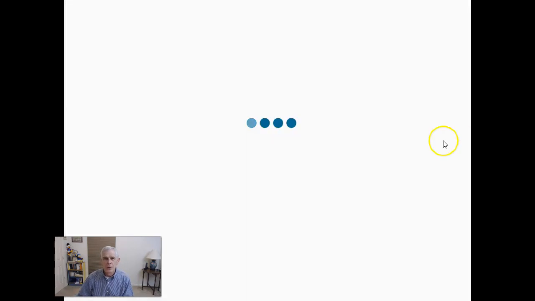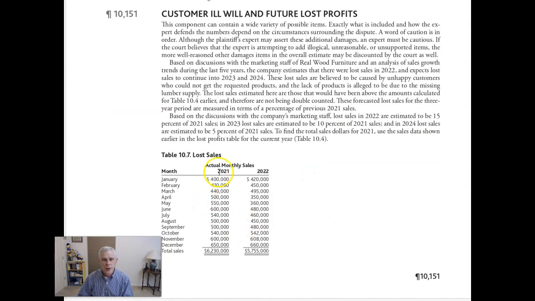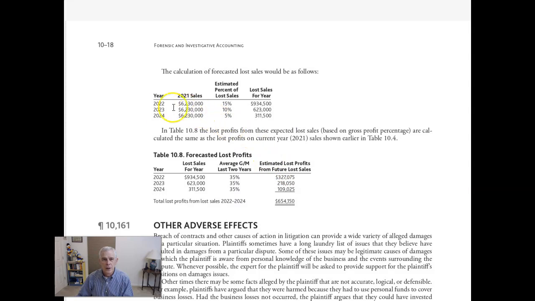Let's look at what they're doing here. Oh, this chart at the bottom, let me scroll back down. So the actual 2021 sales, $6,230,000. Let's take that number for 2022 times 15%, then 10% and 5% for 2023 and 2024. They're saying these are our estimated lost sales.